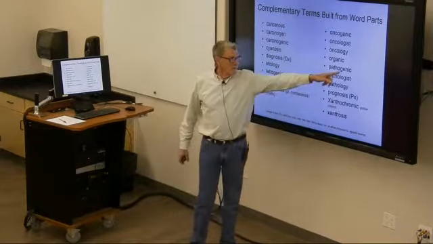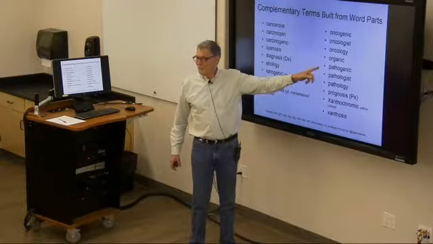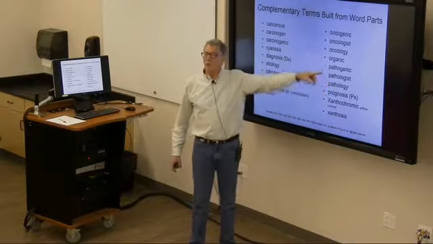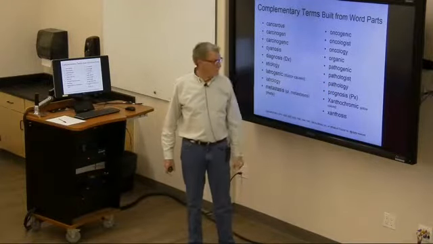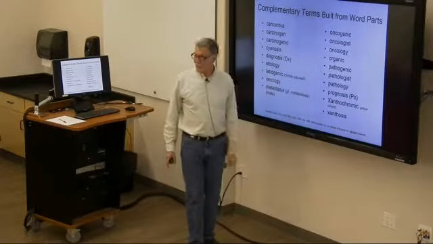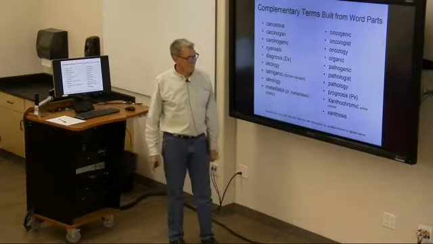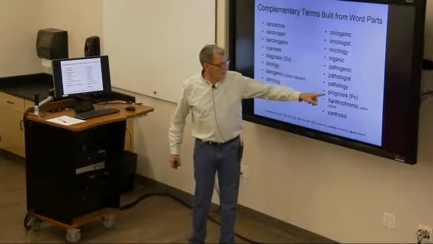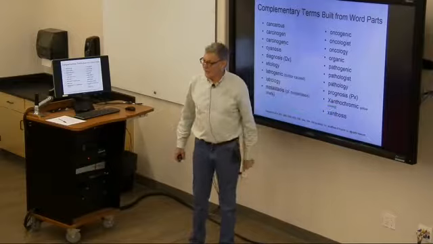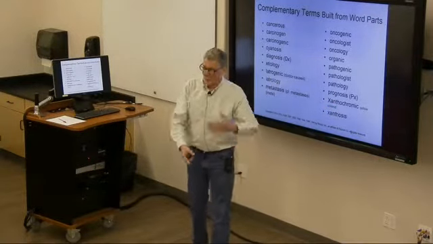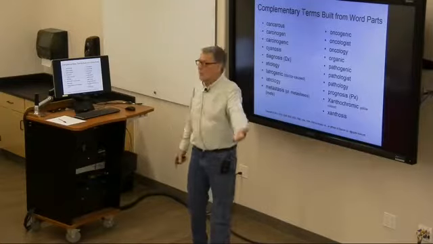Pathogenic causes disease. A pathologist, studier of diseases. Pathology, the study of diseases. Prognosis, this is ahead of time knowing thing. So your prognosis is that you will get well in about 6 months. So I know ahead of time what's going to happen to you.